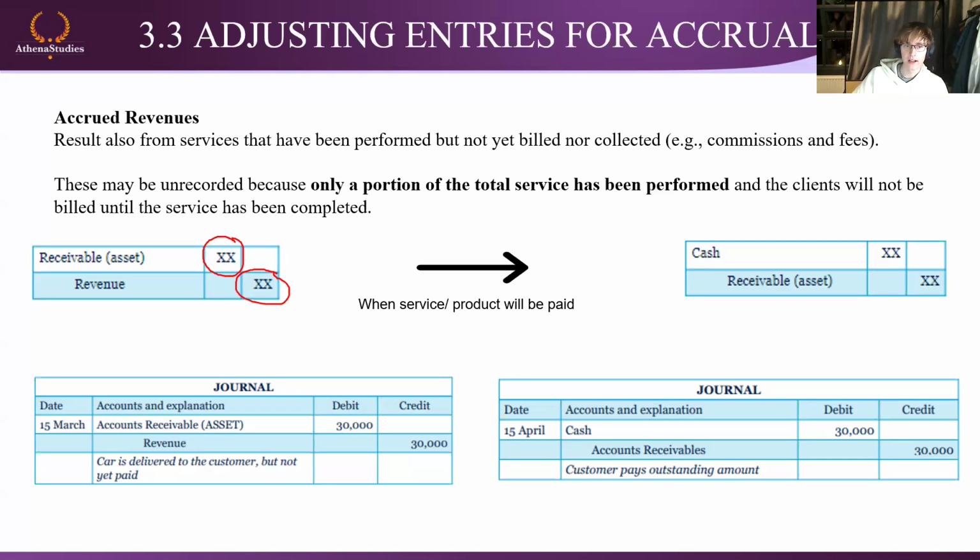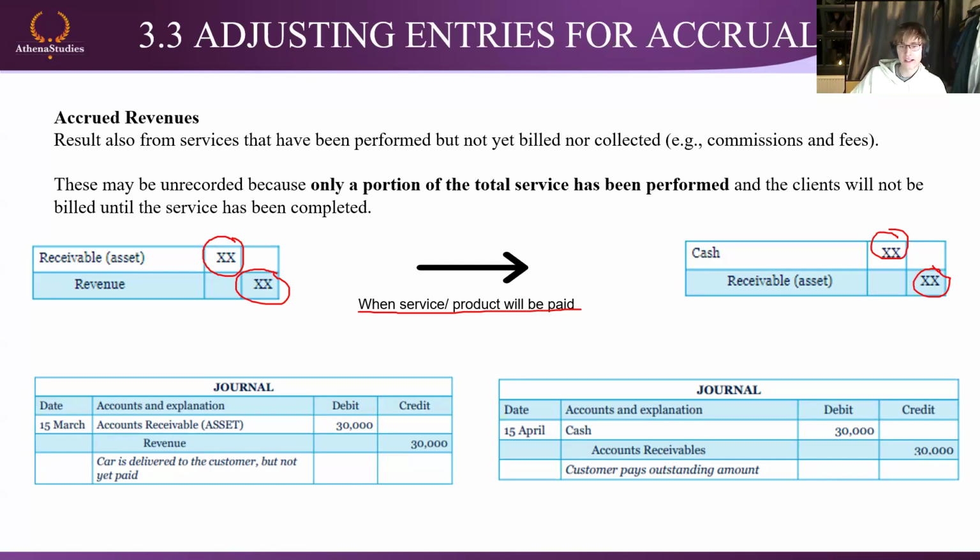Then once you guys pay me for that, I'll get the cash. That's what's happening here. And then obviously, since you guys don't owe me anymore, I have to take that off my balance sheet. And that's what I'm doing here. I'm crediting the asset, and when you credit an asset, you're removing it, right? Maybe we can look down here. Oh, okay, they actually use my example for once, right?